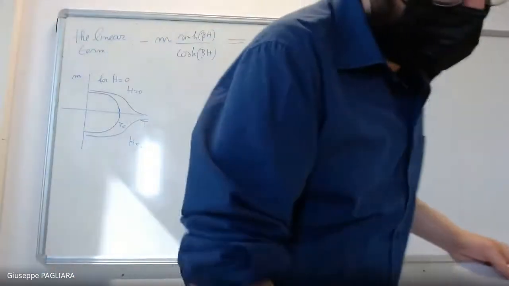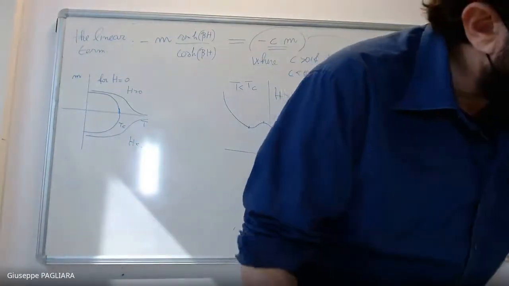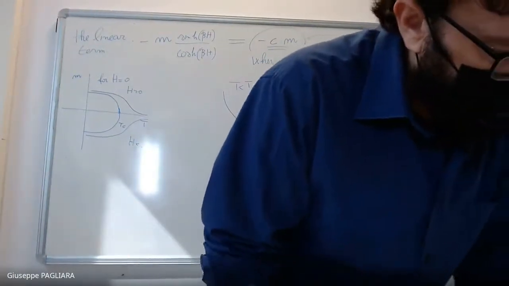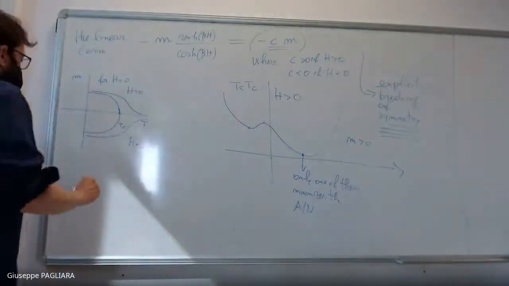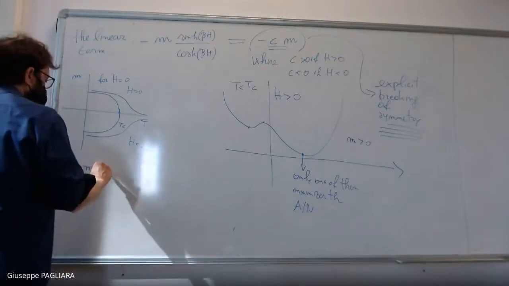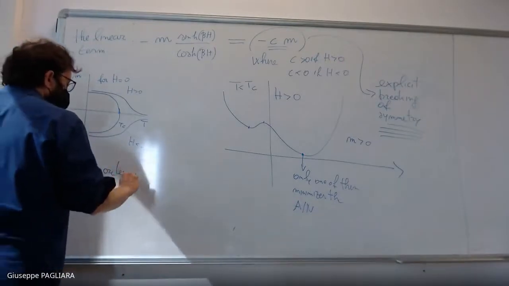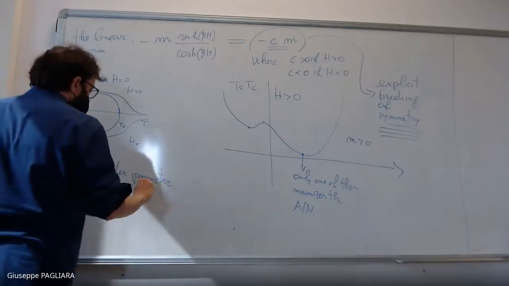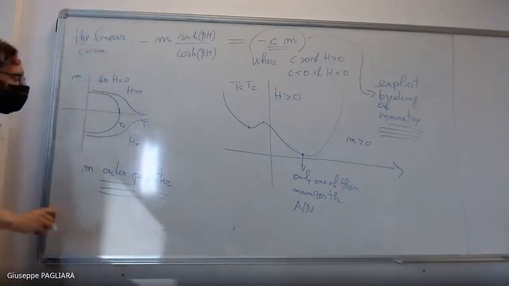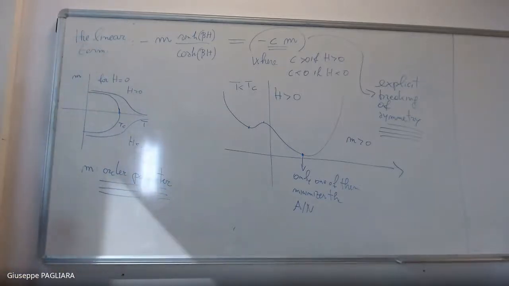Okay, I think that with this maybe it's enough. I already commented last time on the fact that m is an example of order parameter. And by order, the meaning is just that when t is larger than Tc, m is equal to 0, and it corresponds to the fact that we do not have any preferred direction, so somehow chaos is dominating the system.